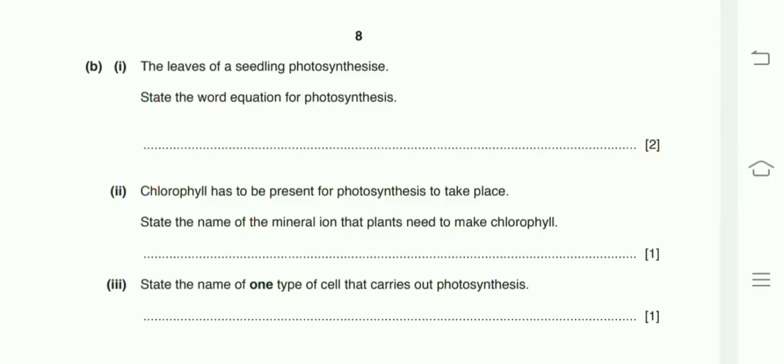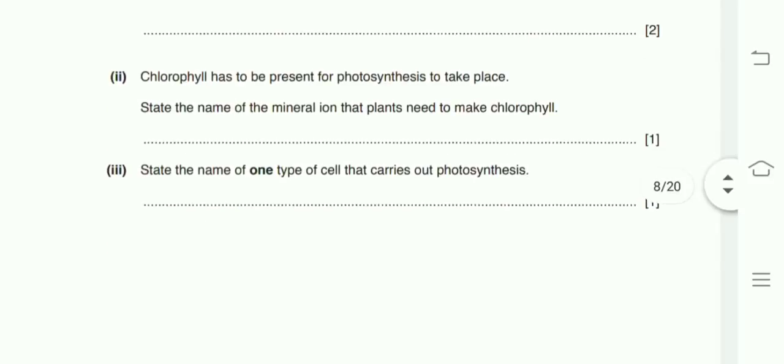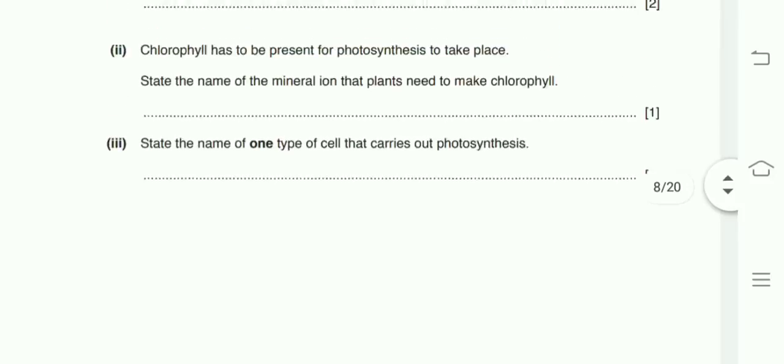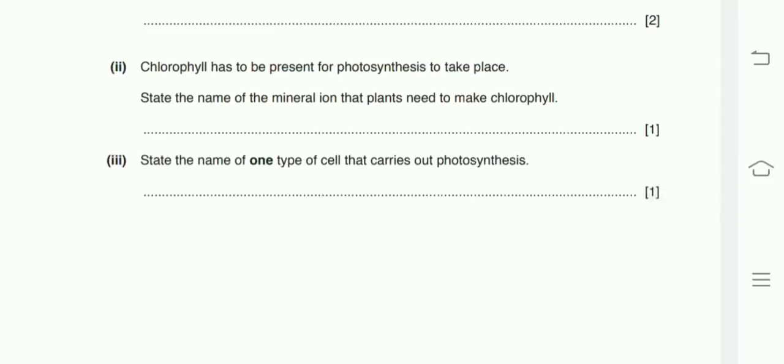State the name of the mineral ion that plants need to make chlorophyll. Just remember about this, it will be magnesium. And then 5B3, state the name of one type of cell that carries out photosynthesis. So here will be spongy mesophyll or palisade mesophyll, but mostly in the palisade mesophyll.